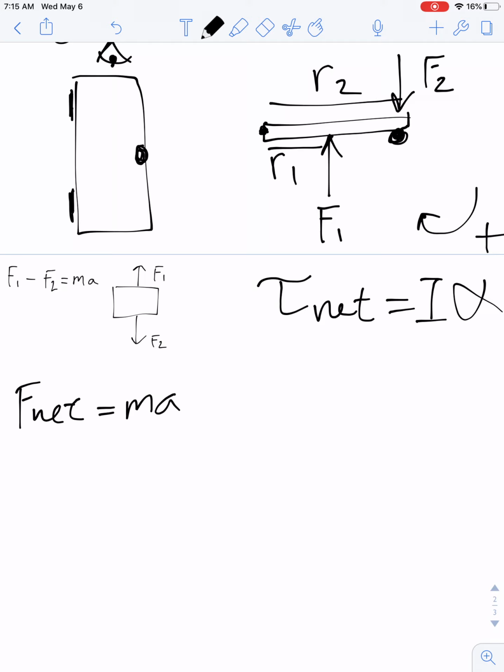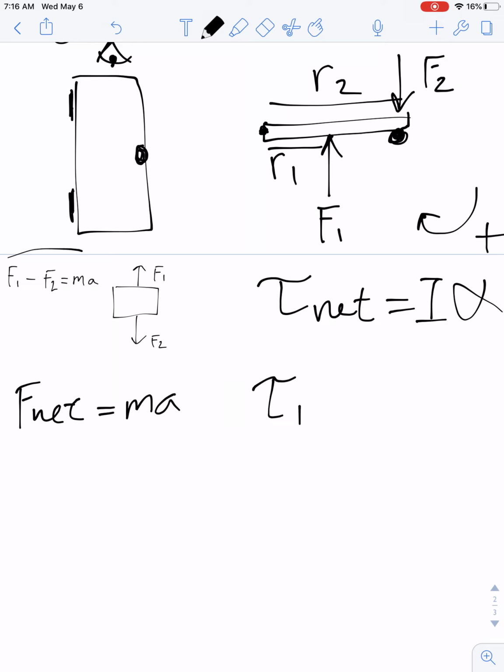So how is it that we calculate our net torque here? Well, just like we would write a net force equation as the sum of forces, we can write a net torque equation as a sum of torques. So we know that R1 and F1 are going to produce a torque that we'll call torque 1, and we know those are counterclockwise, so therefore that's going to be positive out in front, but we're just going to leave that positive sign hidden there.